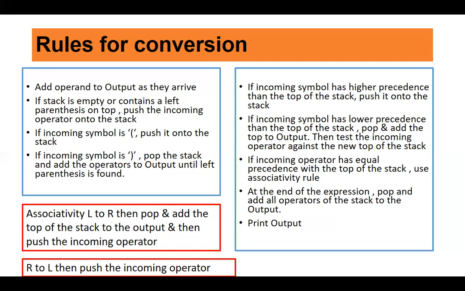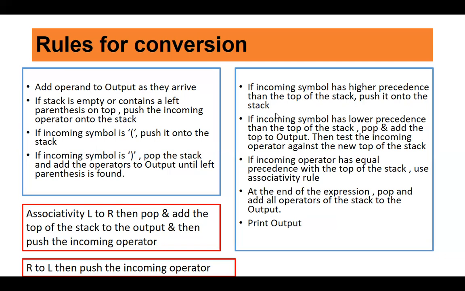For example, suppose the incoming operator is star, that is multiplication, and in the stack is plus, that is addition. The precedence of addition is less than multiplication, so higher can decide over smaller. So just push the star operator onto the plus operator on the stack.